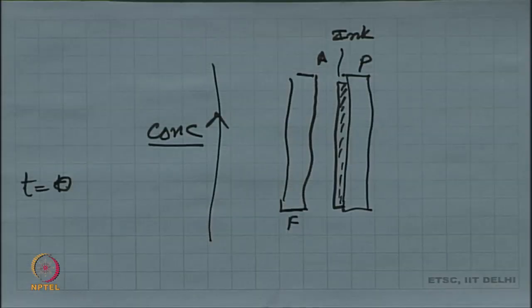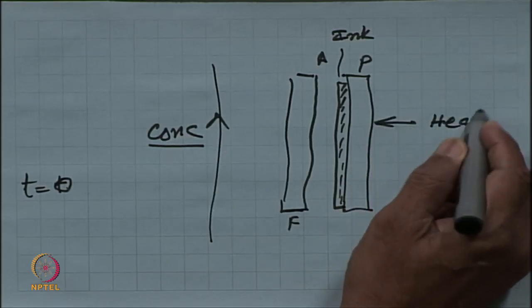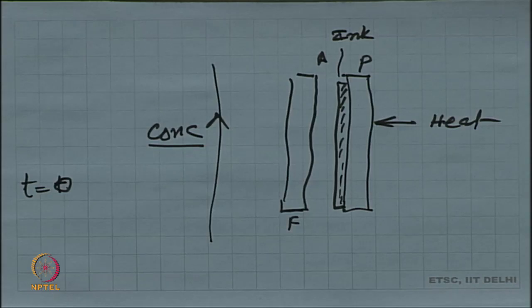What will happen is, with time, when you apply heat, then some vapor formation will be there, and once the vapor formation takes place, then the concentration of the ink in the ink layer will go down, okay, and in the others it will start increasing.